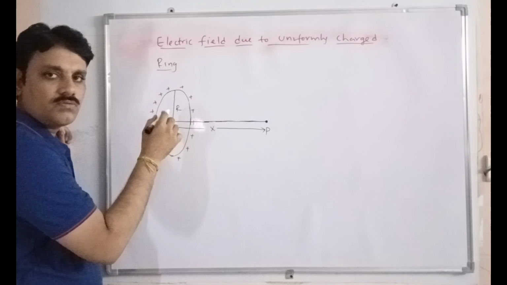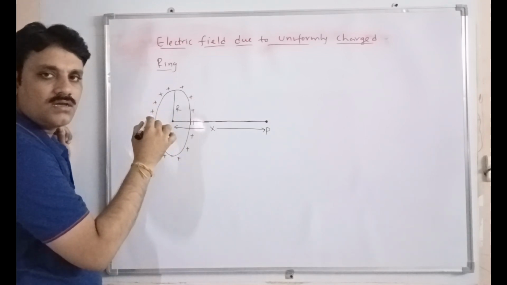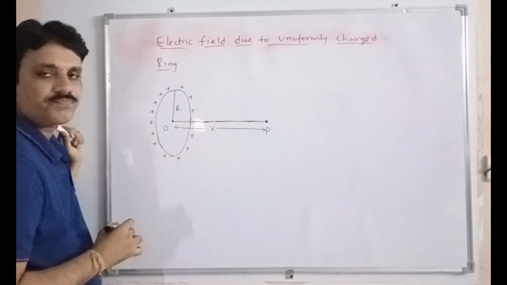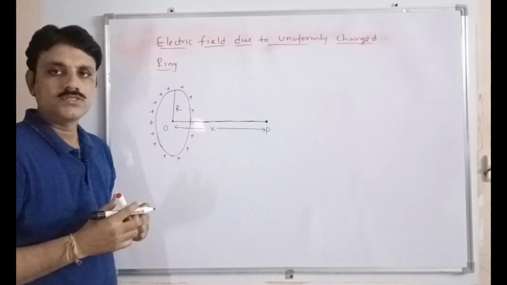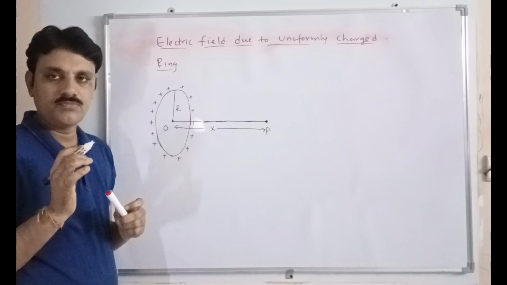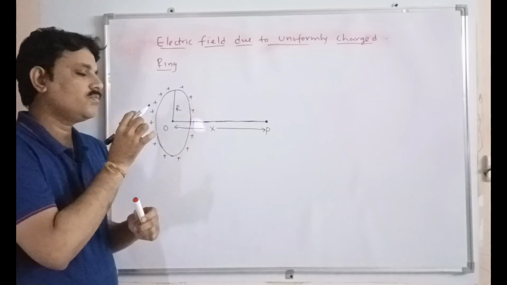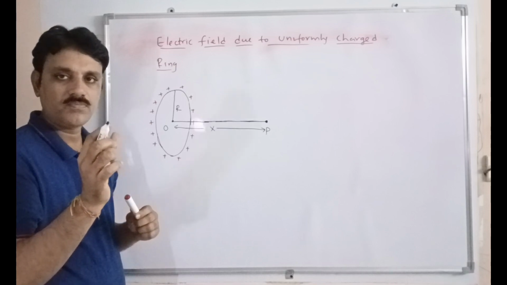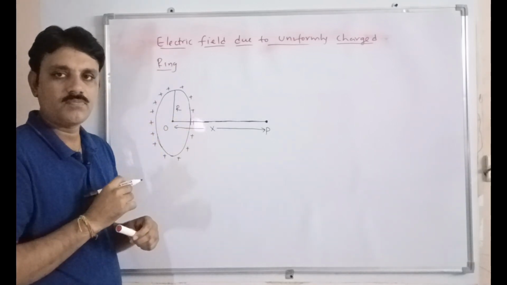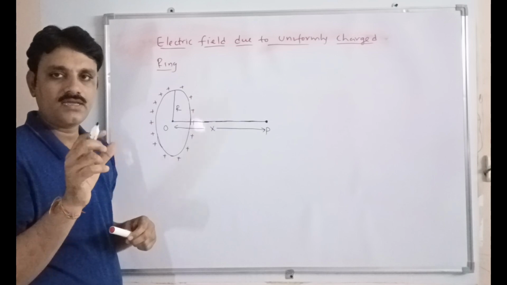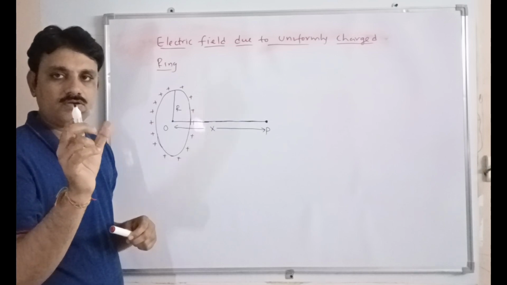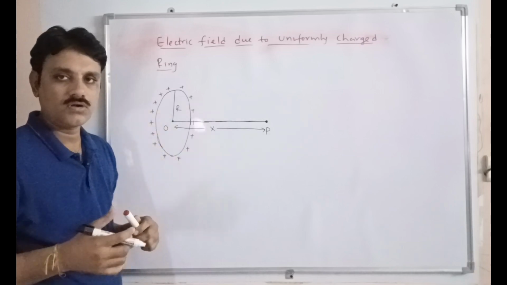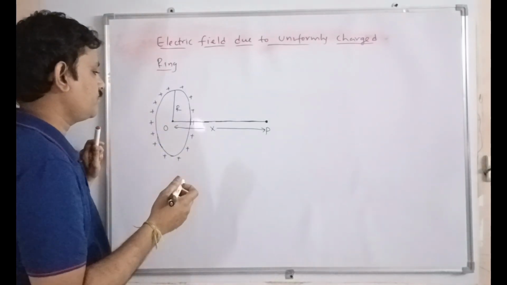Because this is a uniform charge distribution, initially we consider a small part of the ring. We calculate the electric field at point P with respect to that small part of the ring. Later we will integrate over the total ring.